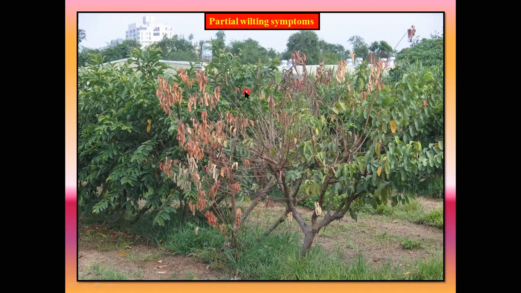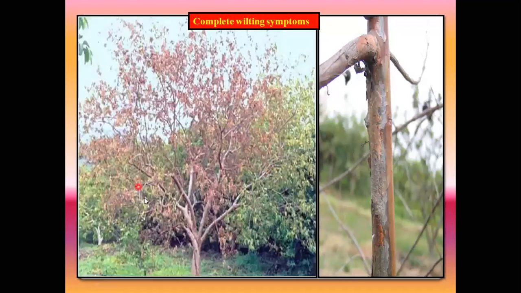That's why this is known as the partial wilting symptom. Then see these photographs. In these photographs, the affected guava plant is totally wilted, and all the twigs and branches are wilted, meaning the whole plant dies.